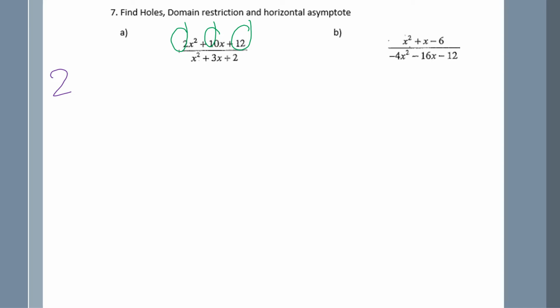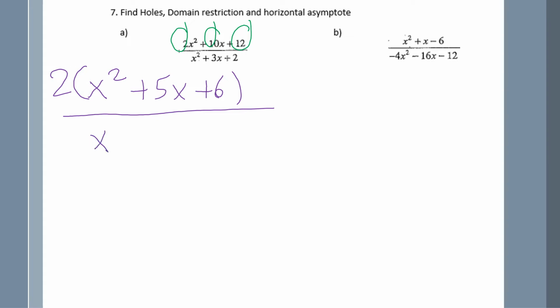So pull out the 2, and you have x squared plus 5x plus 6 here, and then you have just x squared plus 3x plus 2. Well, it'd be best for you to do all your factoring first. So if you do have holes or points of discontinuity, you could remove those, and then you could talk about domain restriction and horizontal asymptote.